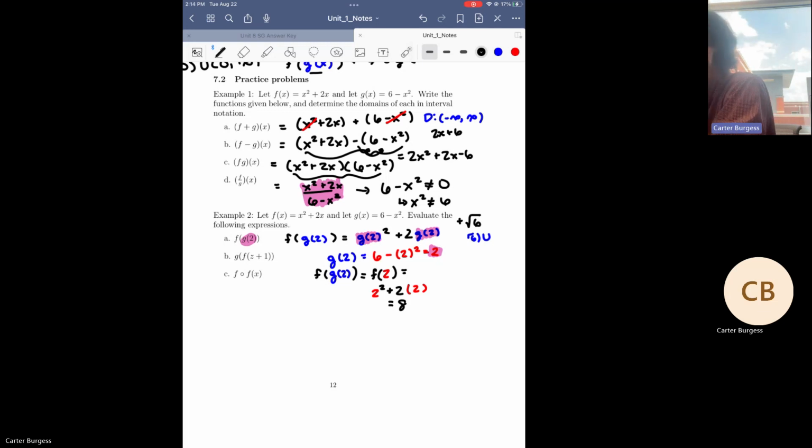Do you have any questions with this first example here? All right, let's try another. Looking at B, what am I being asked to do?